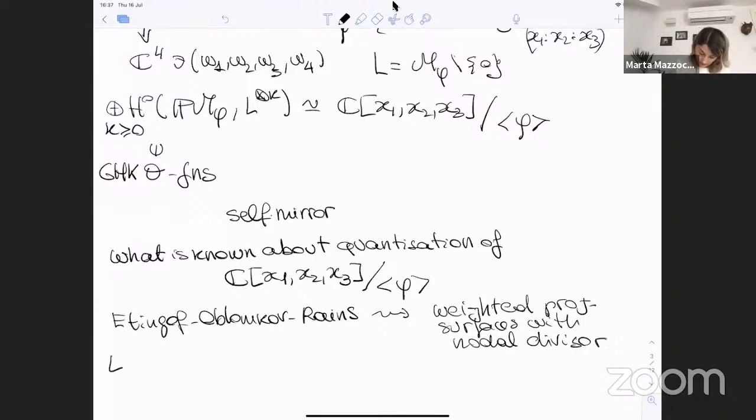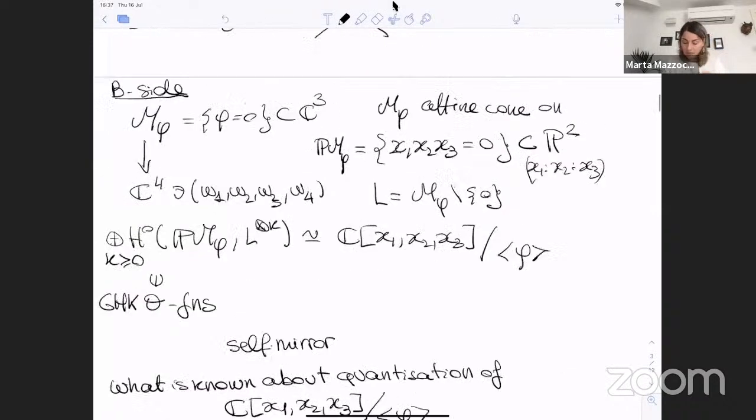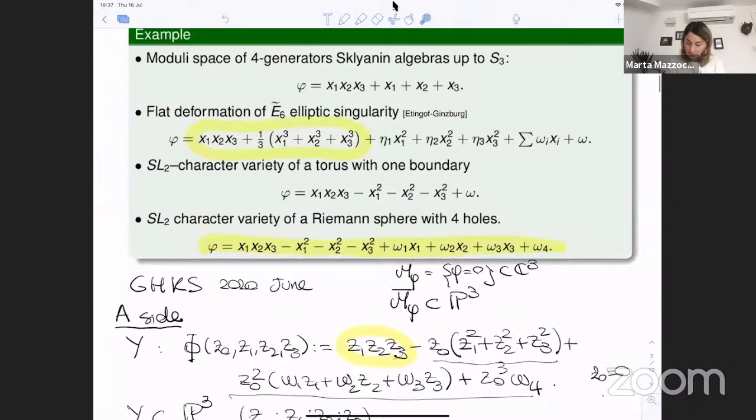Then there is a paper by Etingof and Ginzburg, which speaks about Calabi-Yaus, in which they also treat these elliptic singularities, of which I gave an example before. Here I gave the example only of E6, but actually they do also E7 and E8, and offer a quantization.